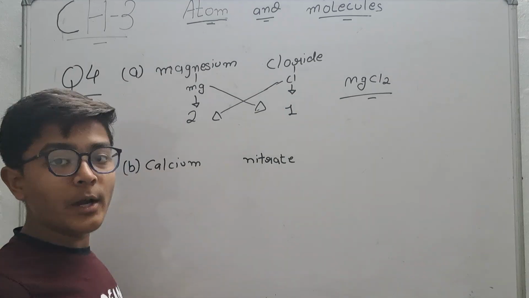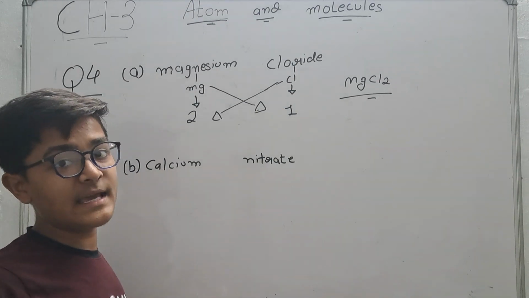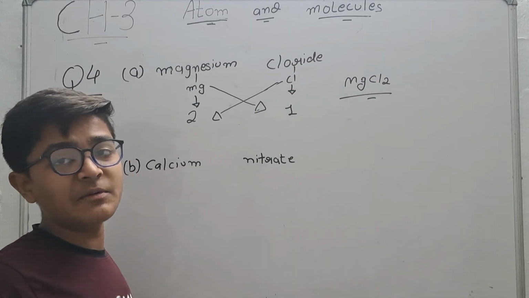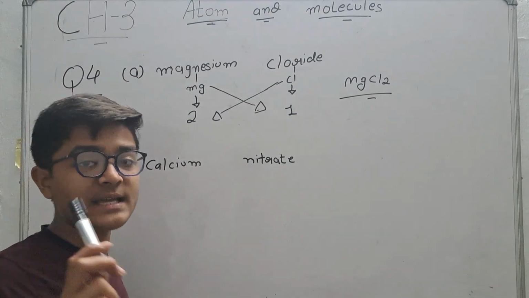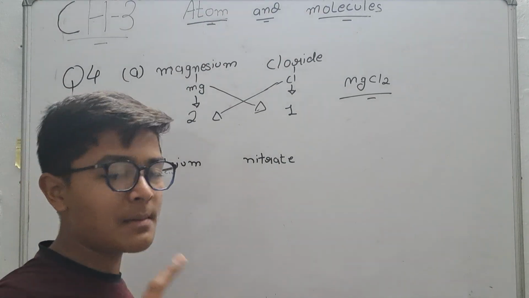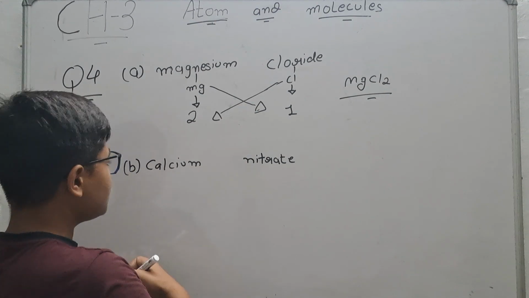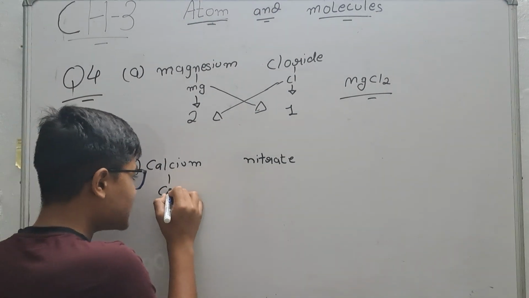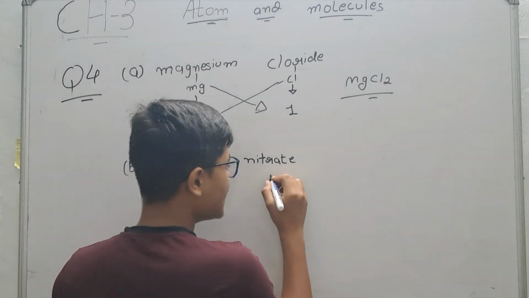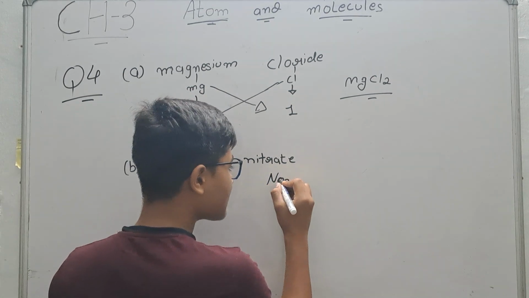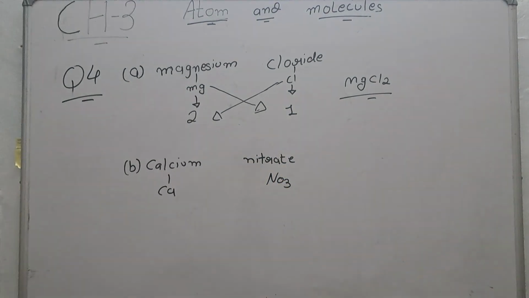Calcium nitrate. You have to learn the valency as well as the symbol. They have given it in table 3.6 and 4.1. Just remember all that. Calcium is denoted by Ca and nitrate is denoted by NO3. Valency.